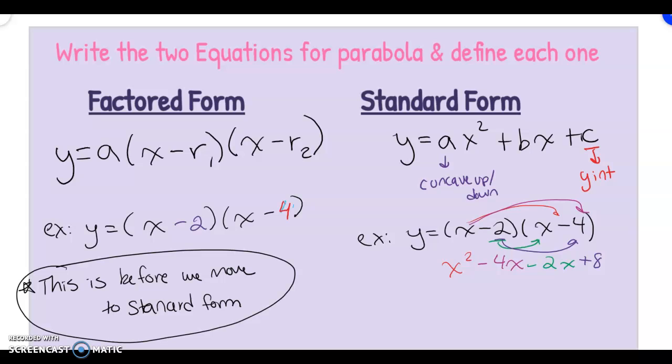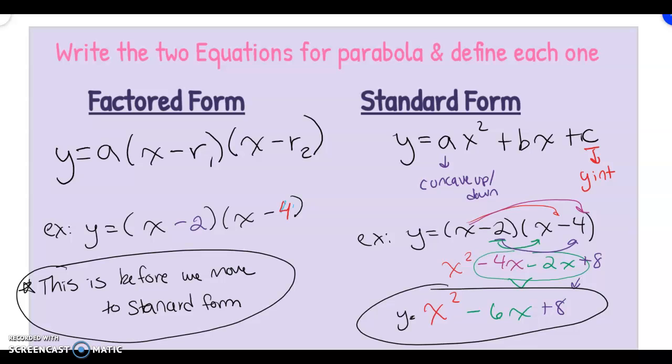So my final standard form would look like this. X squared, combine like terms, negative 6x plus 8. So that would be my final equation in standard form.